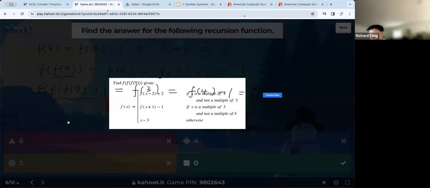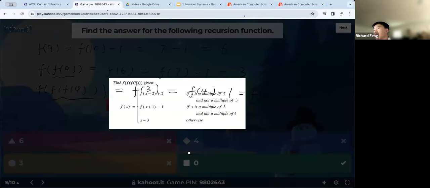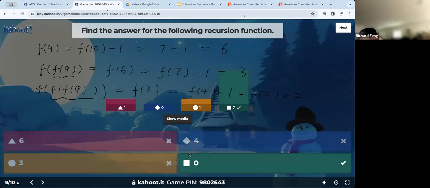So f of 2 plus 2 minus 1 at the end. And this is 2 minus 3 plus 2 minus 1, which is 0. So the answer is 0.